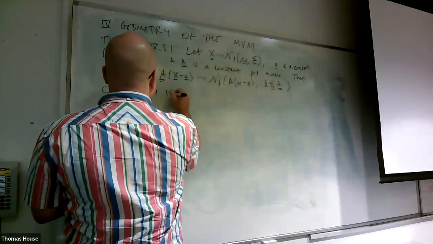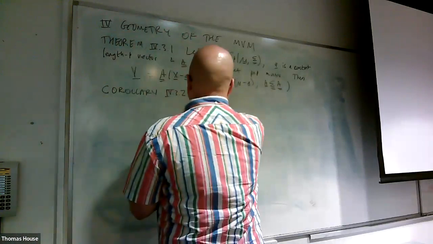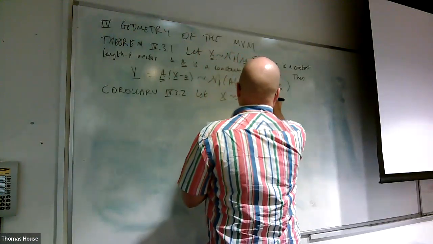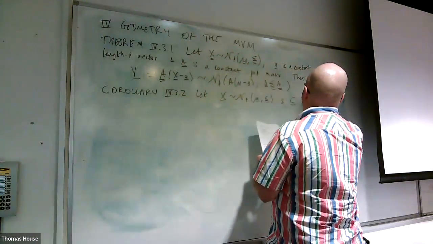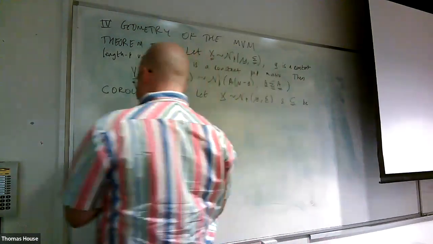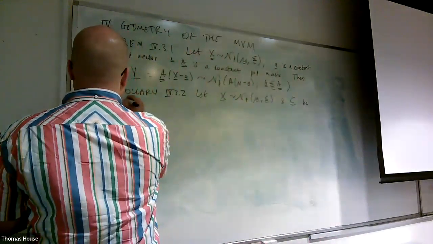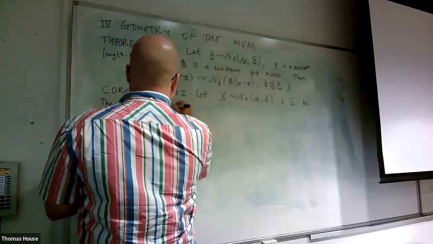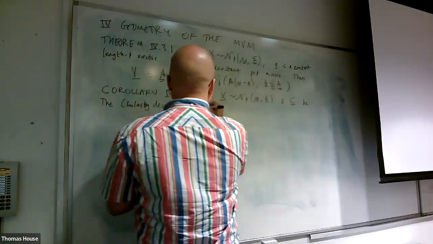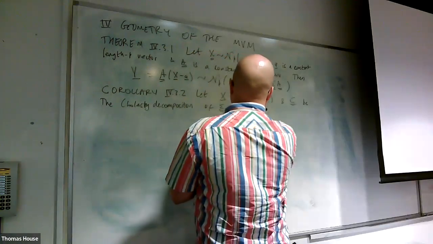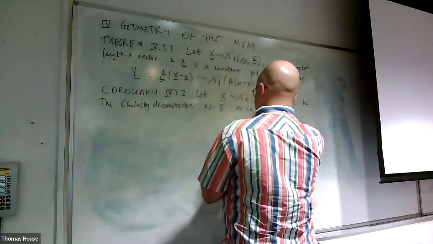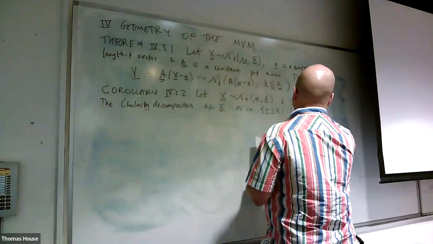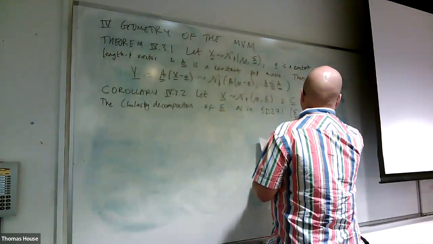Okay, and the point is that there's an important result that follows pretty much straight on from that, which is if we let X be multivariate normal, and let's see the Cholesky decomposition of sigma, so that means that sigma is C C transpose.